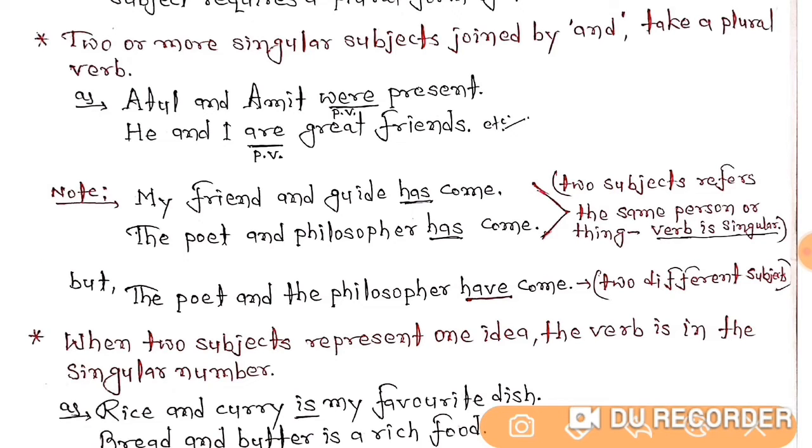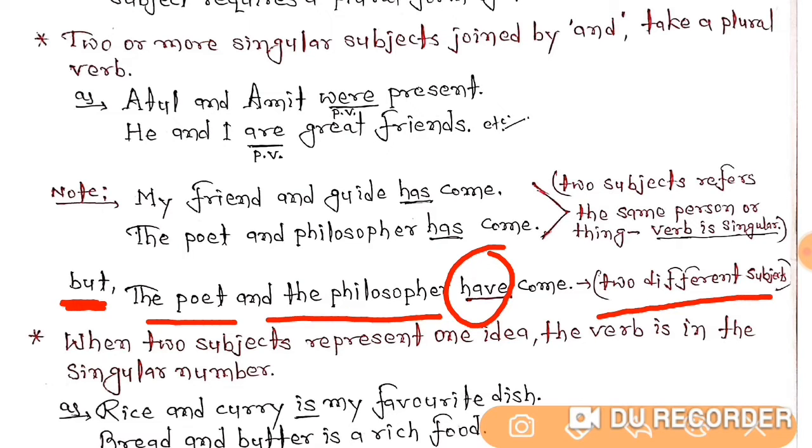But the poet and the philosopher have come, right? Here we are just talking about two different subjects, and it is very easy to recognize if you get articles with each subject, as I have done here, the poet, you can see, again the philosopher.